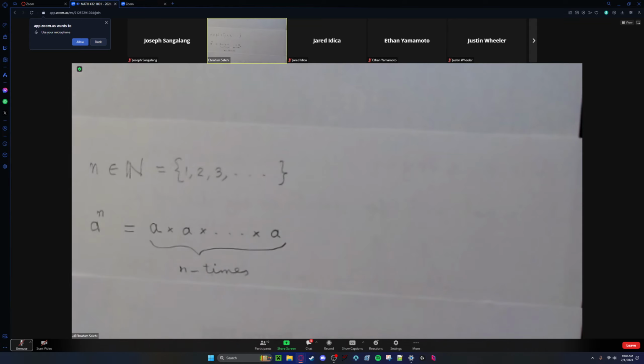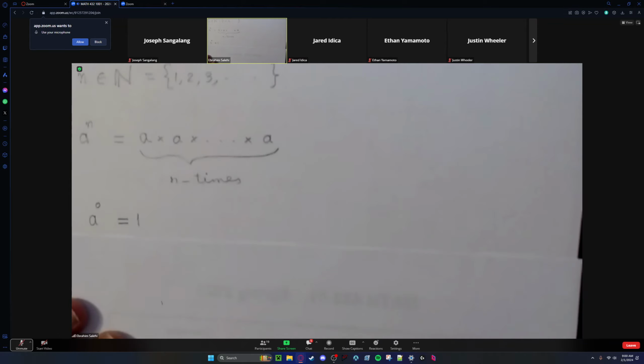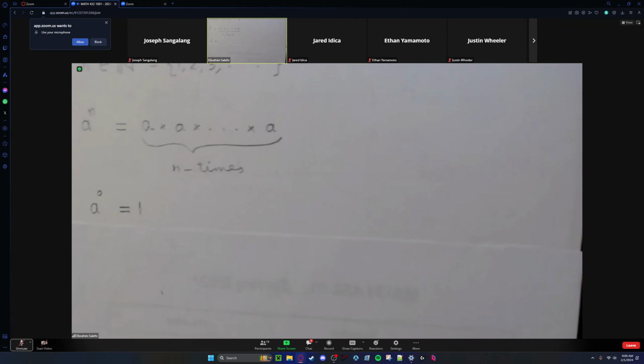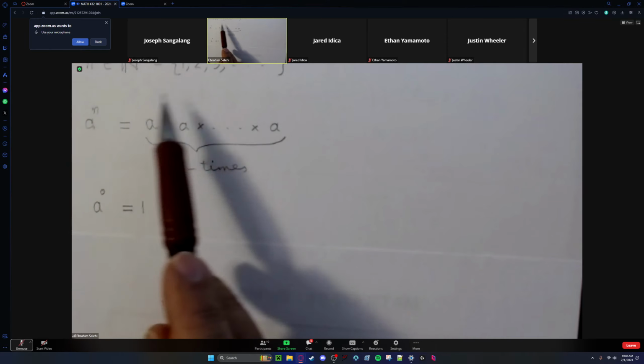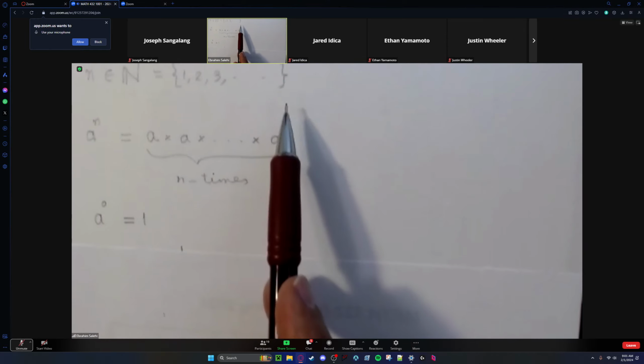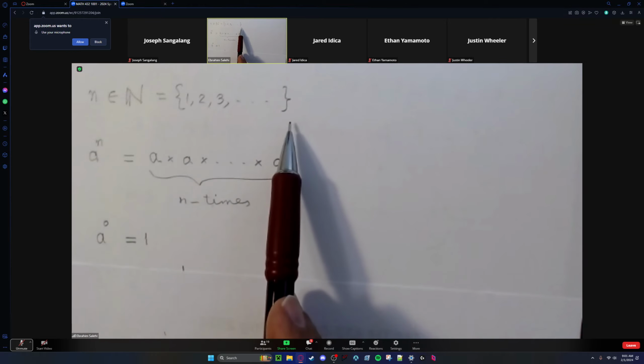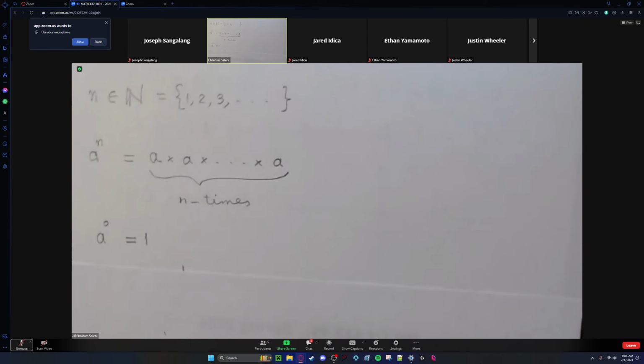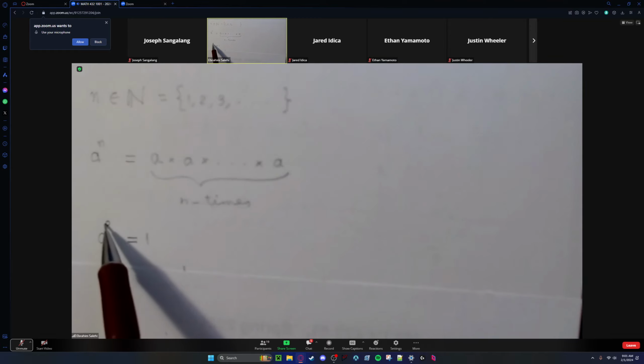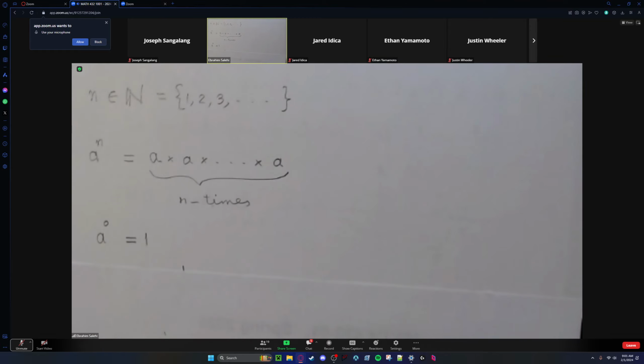Then we expanded this. We made it a little bit more general by saying that, you know what? We consider a to the 0, where n is not a natural number. All right, what next?